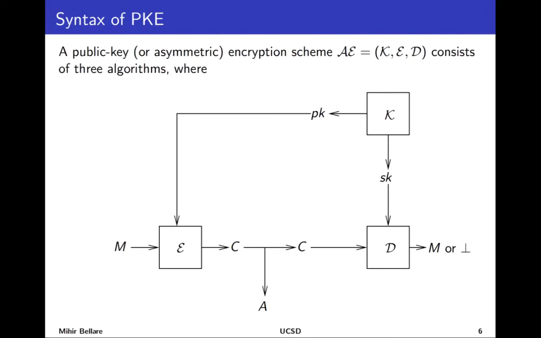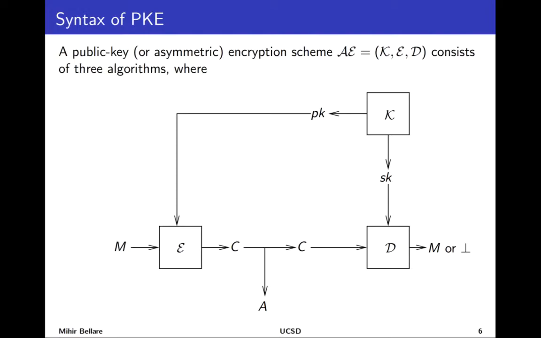As with any new cryptographic primitive, we start with some syntax. Remember, syntax means if I want to give you a description of the scheme, what do I need to specify? And just like with the symmetric encryption scheme, an asymmetric one consists of three algorithms or three descriptions of algorithms: the key generation, encryption, and decryption ones.